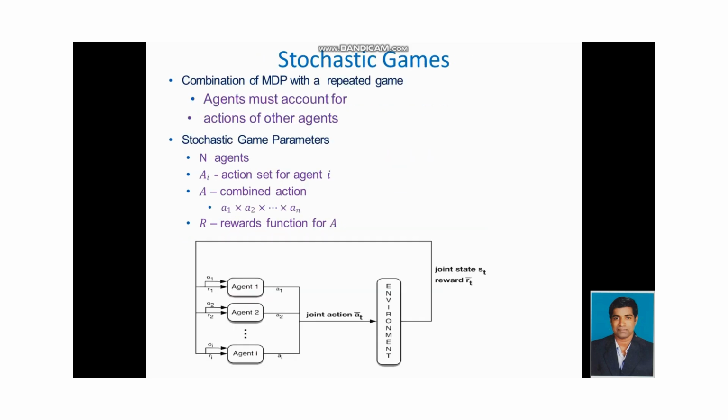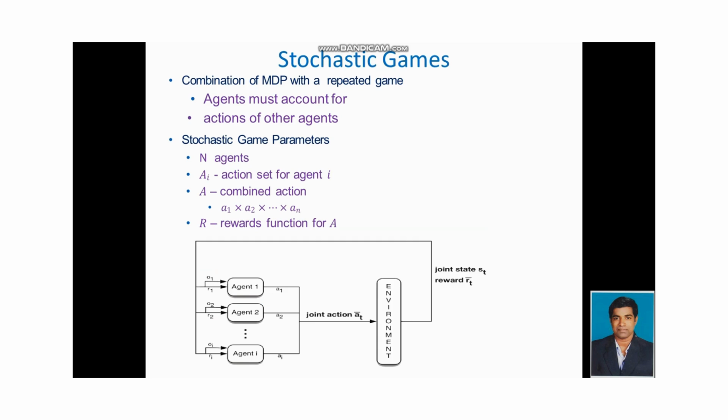Stochastic games are the combination of a Markov decision process with a repeated game. Here the agents must account for the actions of other agents. These two combined we have to see. The stochastic game parameters: n is the number of agents.